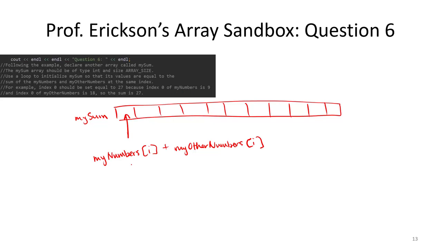So for example, in index 0, we know that myNumbers element i will be 9 at index 0. MyOtherNumbers will be 18. So mySum at element 0 should contain the value 27.